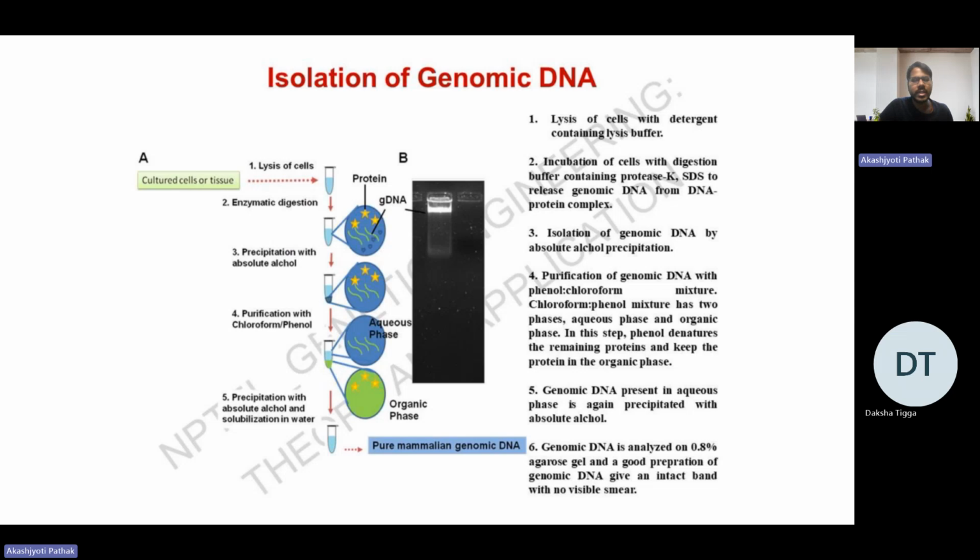So after that, what is done is you do a phenol isoamyl alcohol treatment, or a phenol chloroform treatment: phenol chloroform isoamyl alcohol. So three components are there. When this fraction is treated with this particular reagent, phenol precipitates the protein fraction which is present.